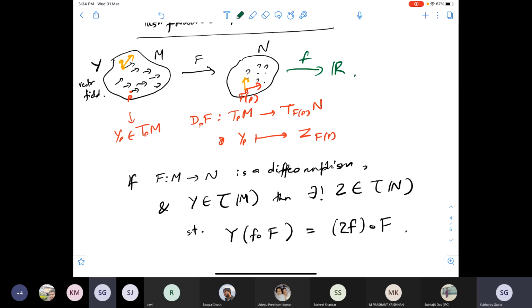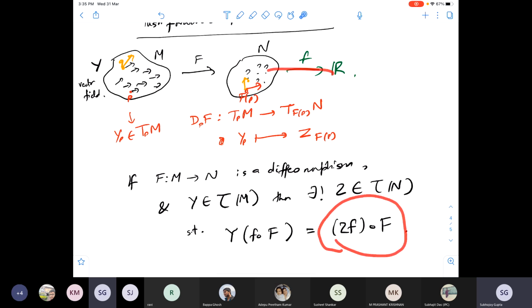You also get a smooth function when you look at this composition. This is a smooth function on M, and you apply Y to it. So Y operating on this smooth function gives you this smooth function, which is just a composition of this with that.